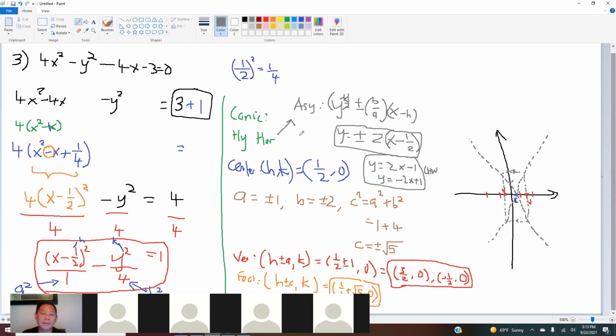And since this is your vertex and you tell me it's horizontal, it opens sideways like this. So for your graph, make sure you cross the vertex here. Oops, sorry. And it goes pretty parallel to the asymptotes. Cross over here. So this is how you draw this hyperbola.